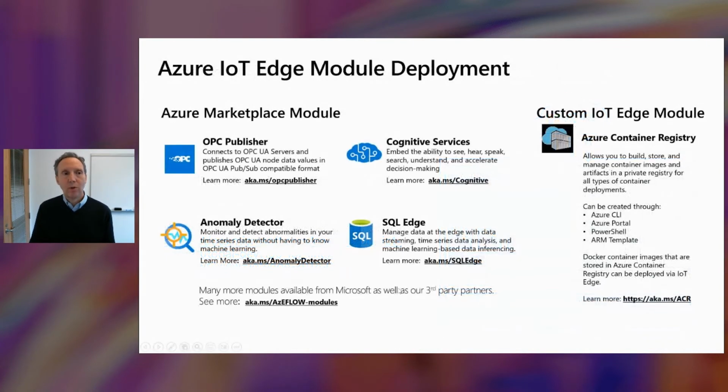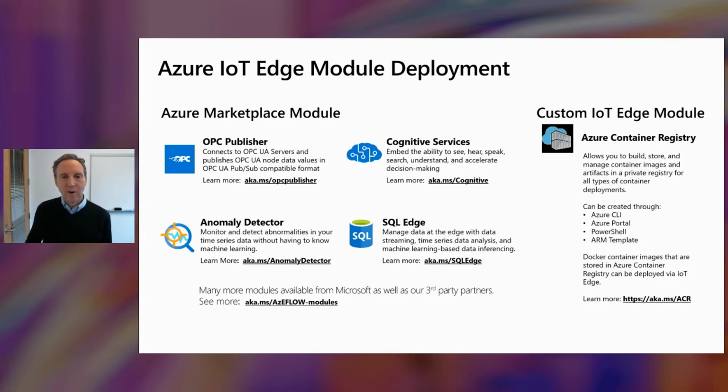And once you do, now you have access to a bunch of Microsoft first-party Linux modules from our marketplace, like I've listed here. OPC Publisher is a common manufacturing protocol that you can leverage.